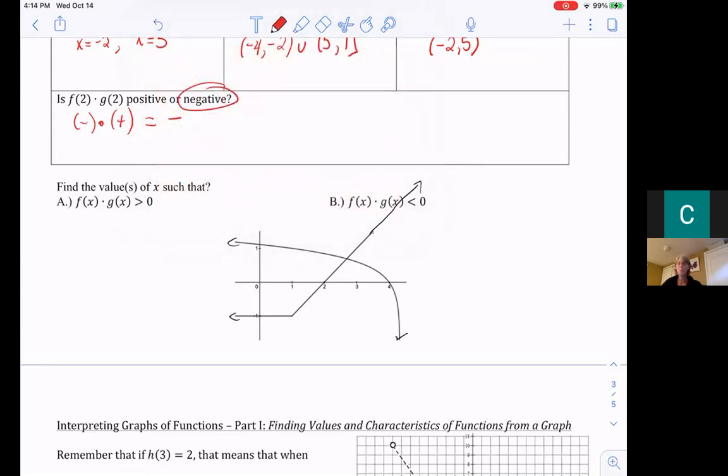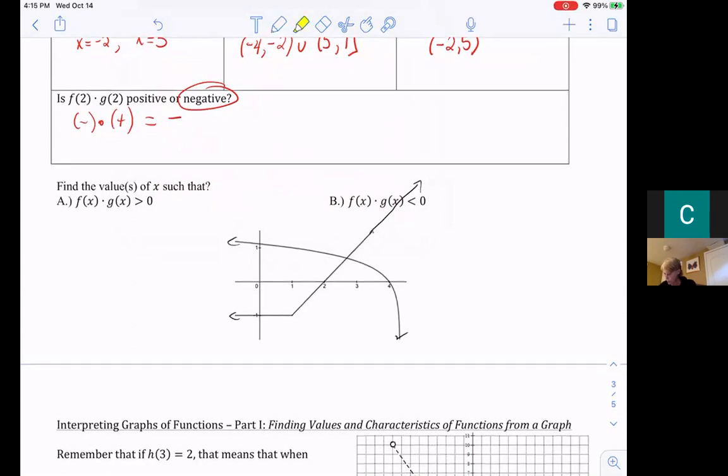So f of x times g of x greater than 0. Where is that going to happen? That's either going to happen where both graphs are positive or both graphs are negative. Since they're never negative together, I'm going to focus on where they're both above the x-axis.